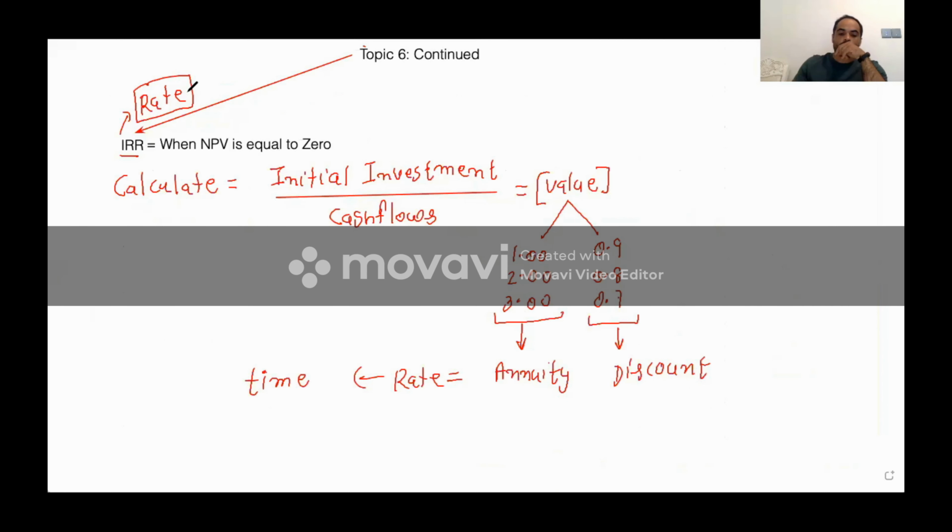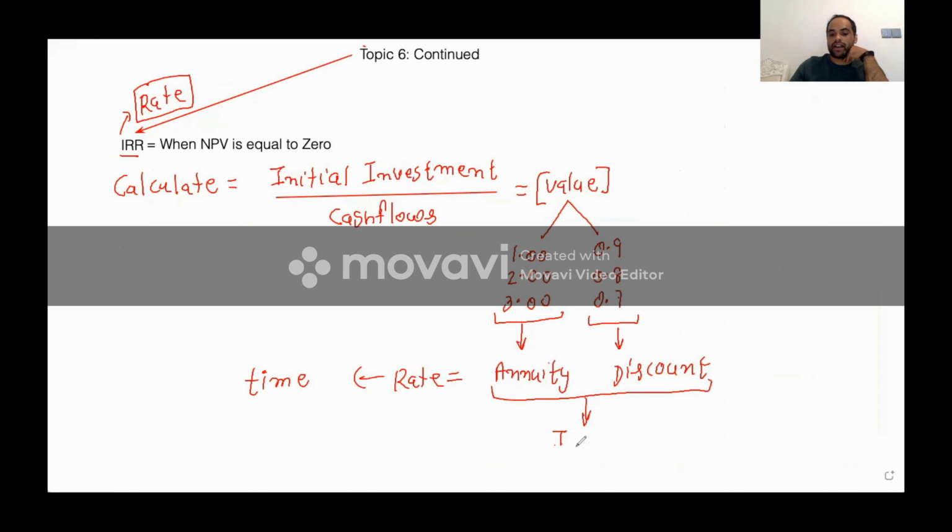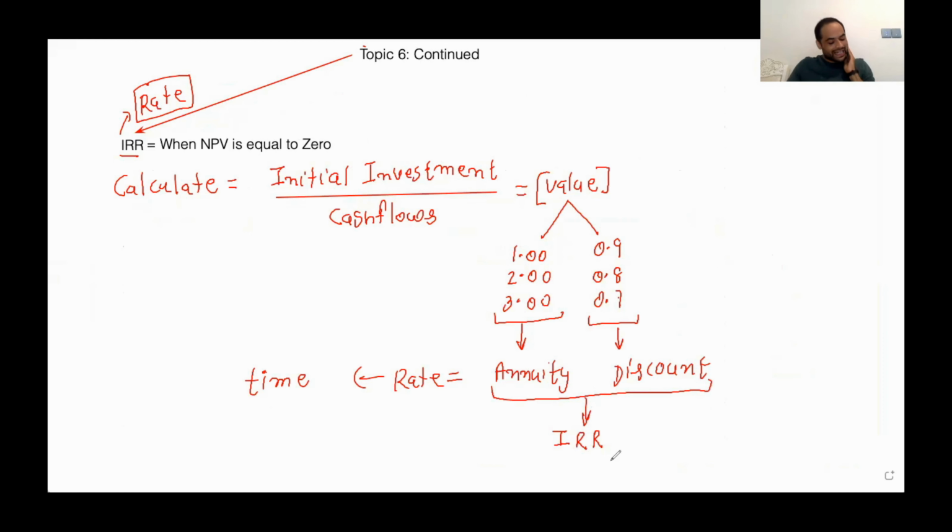Okay. So once we find the rate by applying the discount table or annuity table, we get the rate. This rate is called IRR. Now, the question is, how can we select or reject this method?